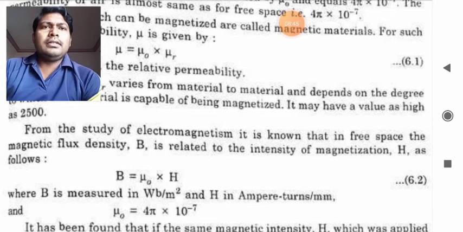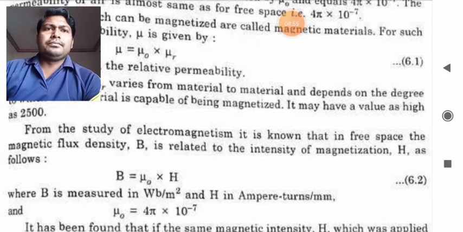From the study of electromagnetism, it is known that in free space the magnetic flux density, capital B, is related to the magnetic field intensity, capital H, as follows.